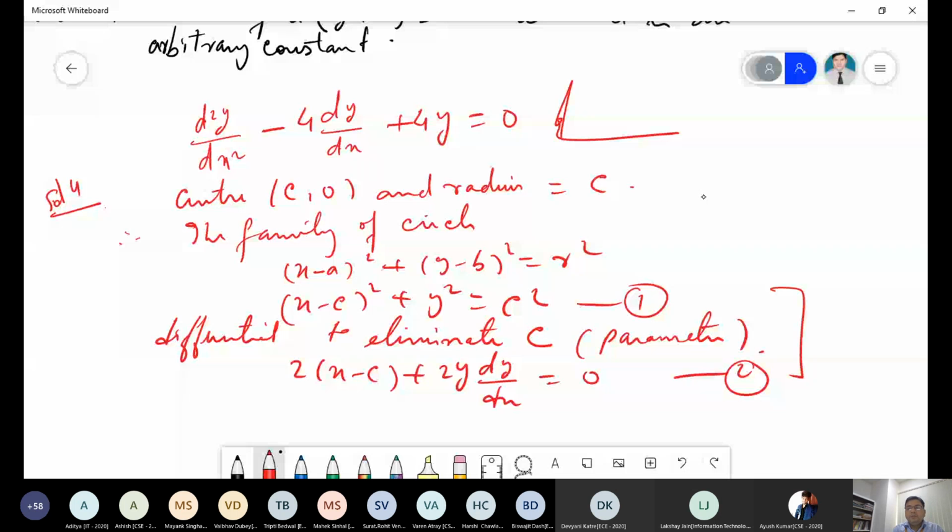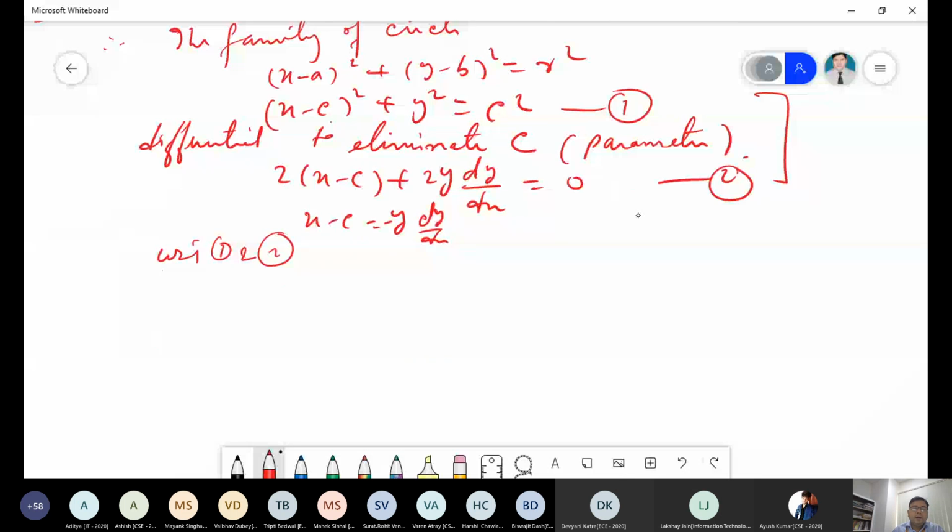Using 1 and 2, when you put this value here, the whole equation will reduce to y square minus x square equal to 2xy dy by dx. So this is your required differential equation. All right, easy, na?